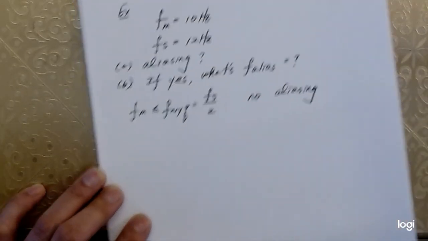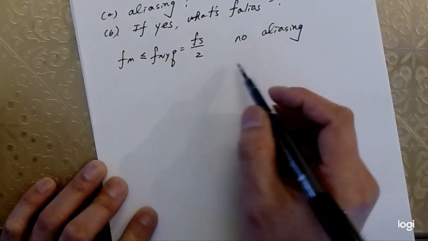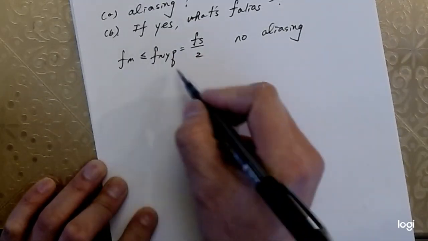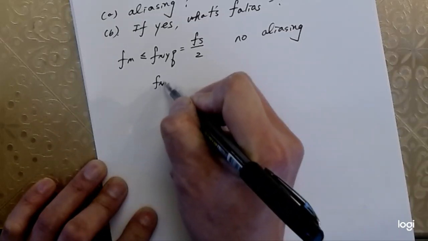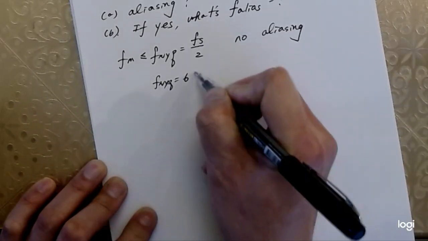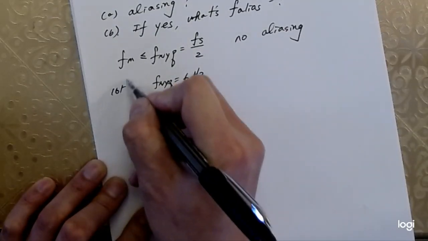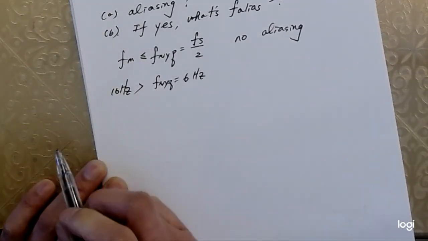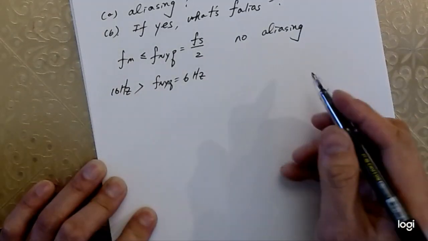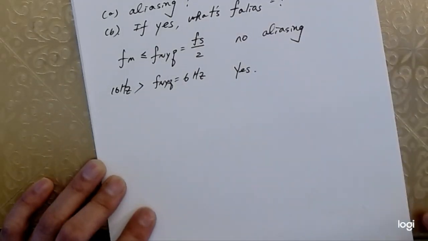So in this case, we have a sampling frequency of 12, so the Nyquist frequency is 6 Hertz. The signal frequency is 10 Hertz, which is greater than 6 Hertz. So we do have the alias effect.